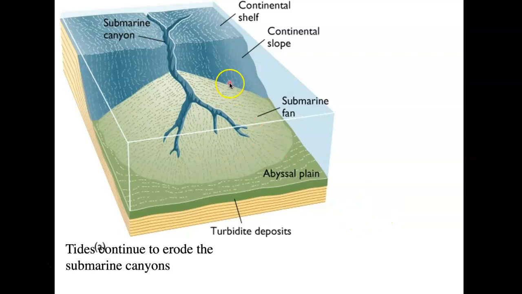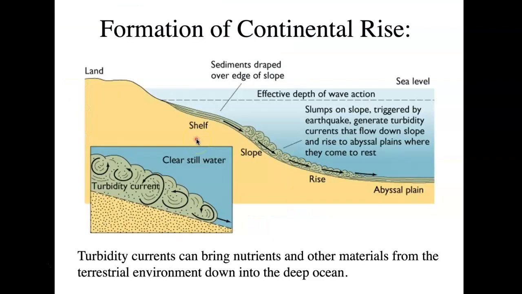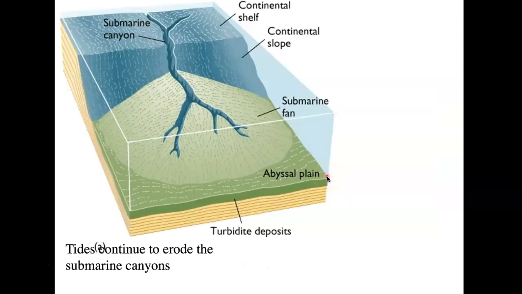Again, we see this in our submarine canyons. The tides will continue to erode our submarine canyons, and we'll develop these turbidity currents. And just like the turbidity currents here formed, eventually they settle and form the continental rise. In these submarine canyons, they can form underwater alluvial fans that we call a submarine fan.